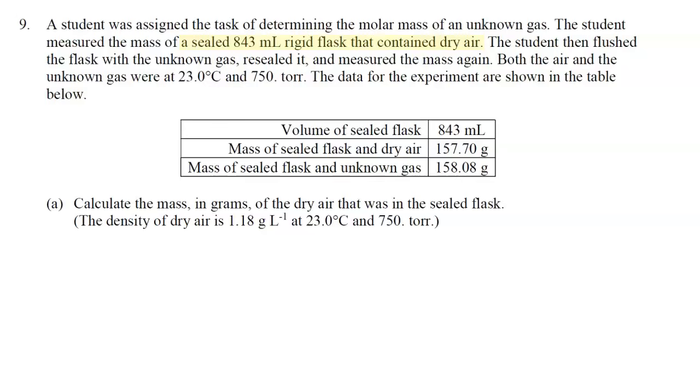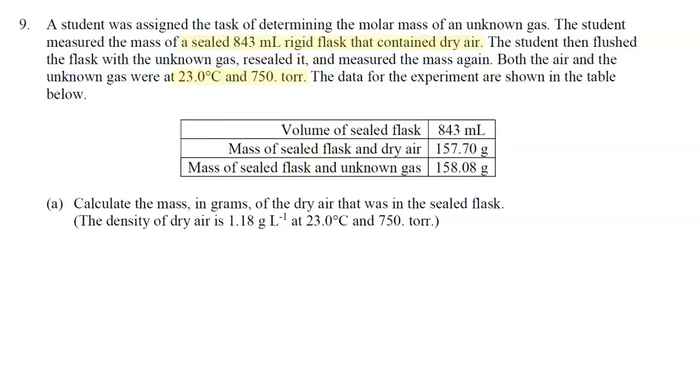The student then flushed the flask with the unknown gas, resealed it, and measured the mass again. Both the air and the unknown gas were at a temperature of 23 degrees Celsius and a pressure of 750 torr. The data for the experiment are shown in the table below.